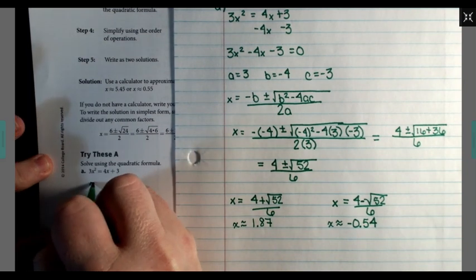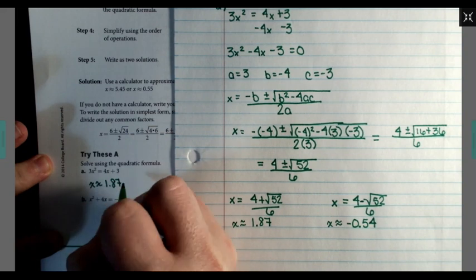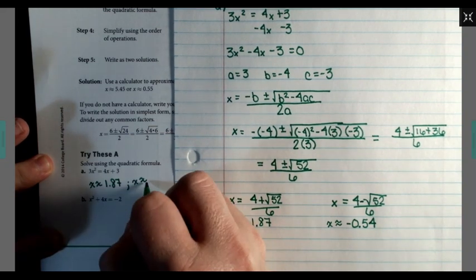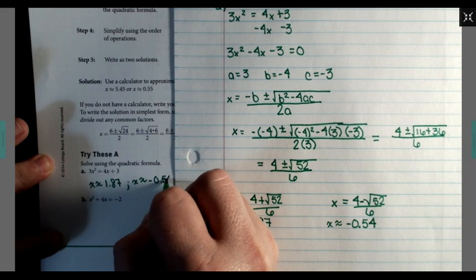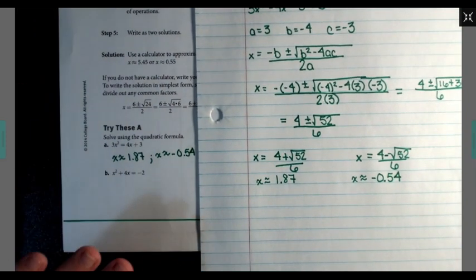So we have X approximately 1.87, X approximately negative 0.54. All right, let's take a look at B.